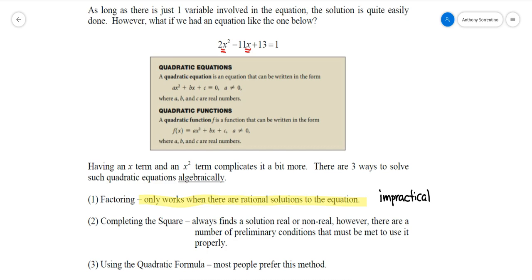Completing the square is good because it always finds a solution, real or non-real, rational or irrational. However, most people find it complicated, because there are a lot of rules that have to be used for it. Again, I'm going to go through it.